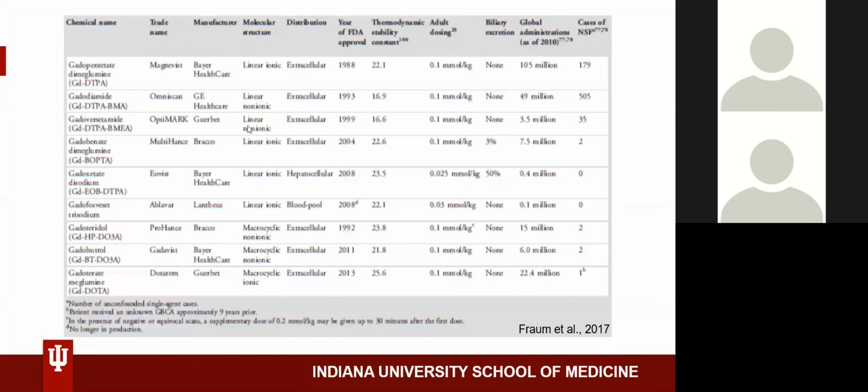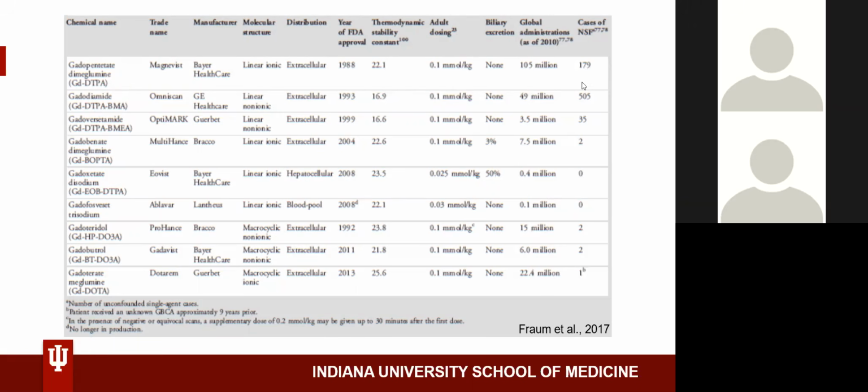And here again, now that we've talked about NSF, I just wanted to put this table back so we can see the dosing. You could always look at the comparative thermodynamic stability constants of the different GBCAs, and then look at the number of global administrations. Again, this is slightly dated, back in 2010, but then you can see the number of cases of NSF associated with each of these.